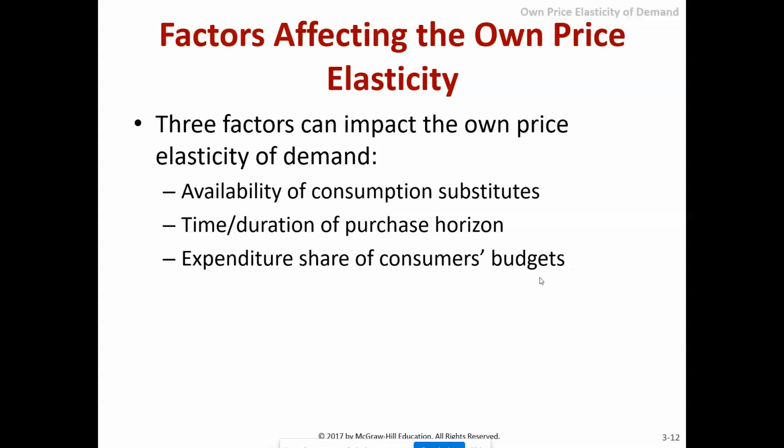So the absolute value is quite different. Whenever the expenditure on the product accounts for a larger percentage of your budget, like a house or vehicles, consumers are responsive to that price change.